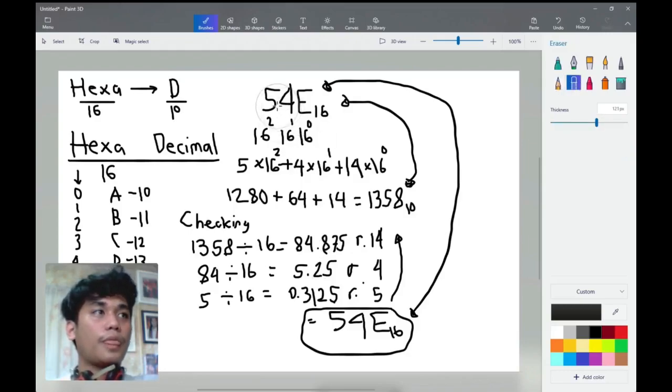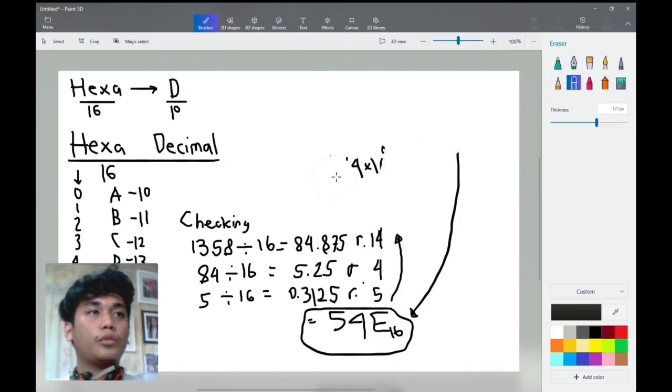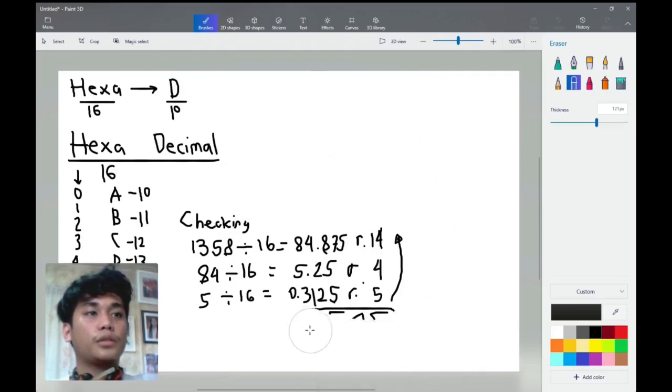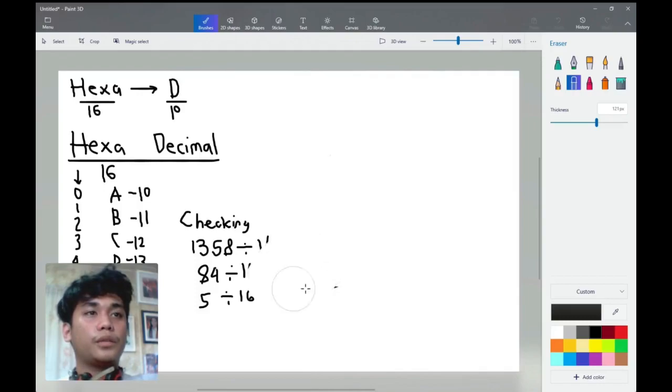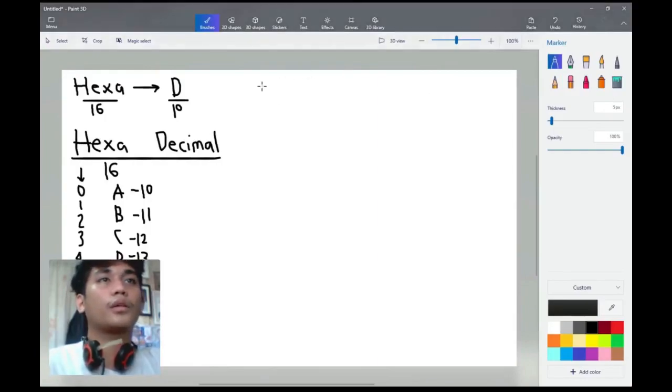So let's use another example. This time we're going to use all characters. We have FACE base 16.